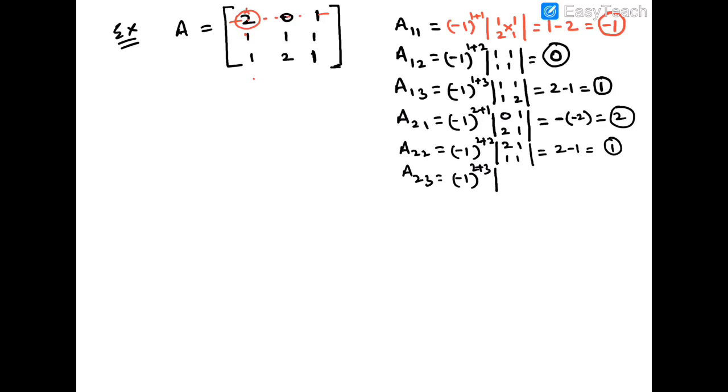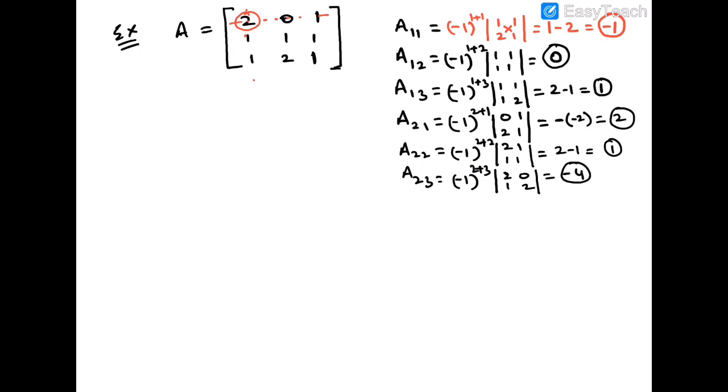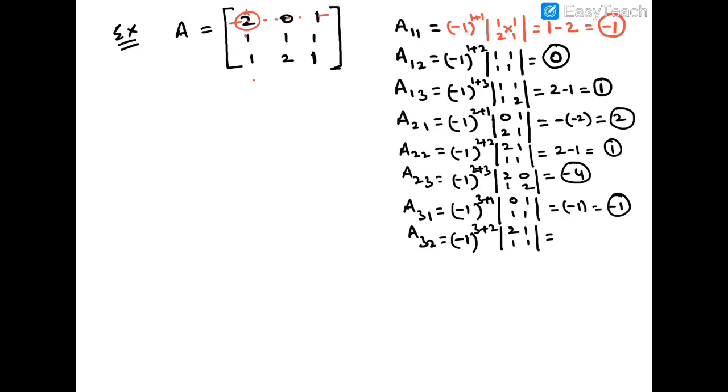A23 is (-1) to the power 2 plus 3 times 2 0, 1 2, and it will be minus of 4 minus 0, that is -4. A31 is (-1) to the power 3 plus 1 times 0 1, 1 1, that is -1. A32 is (-1) to the power 3 plus 2 times 2 1, 1 1, that is -1. And A33 is (-1) to the power 3 plus 3 times 2 0, 1 1, which will give us 2.